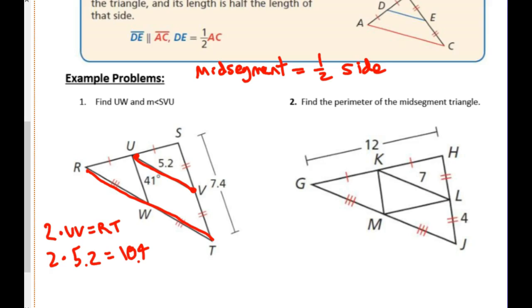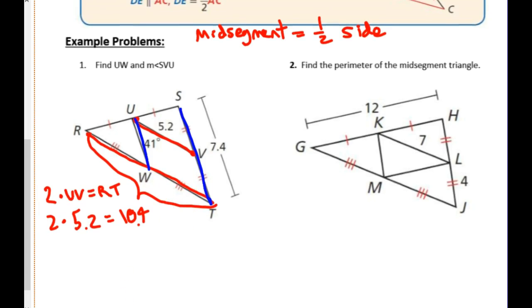Now, what if I have the side? So look at ST. If I know ST is 7.4, how am I going to figure out UW, which is what I'm actually looking for? How do I go from side to midsegment? Divide by 2. Okay, working backwards here. Again, if you know the side, the midsegment is half.